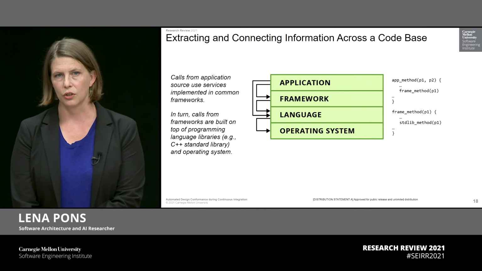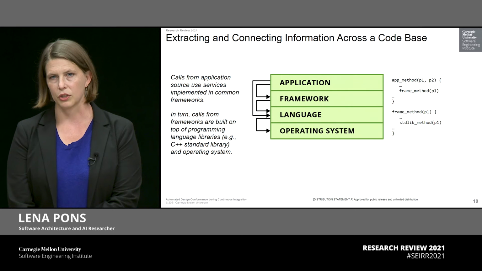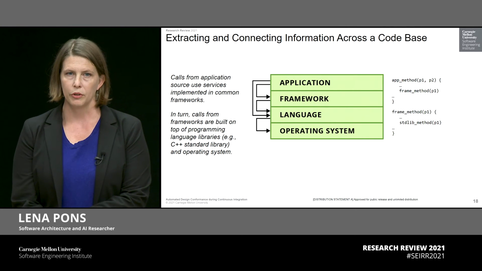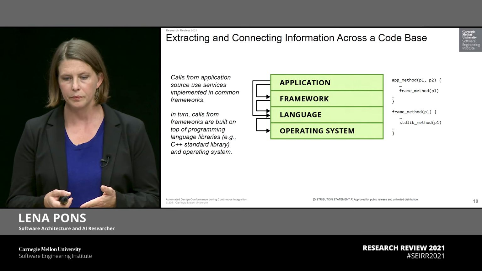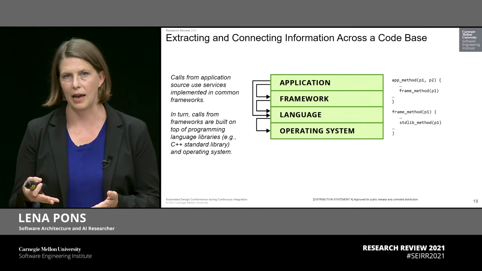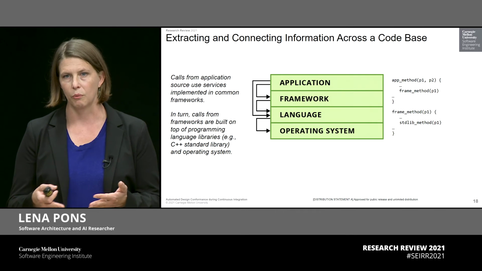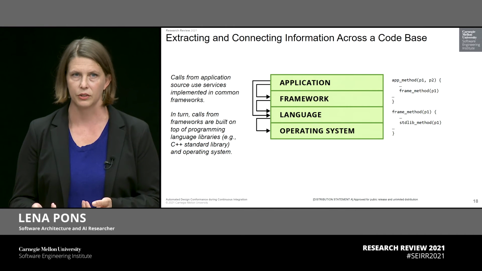The frameworks in turn call the programming language methods, and the programming language is called down to the operating system. In the reverse, we're able to basically tie these indicators from the lower levels back up to that application layer, which is extremely important when we go to build the predictors based on these clues extracted from multiple layers.